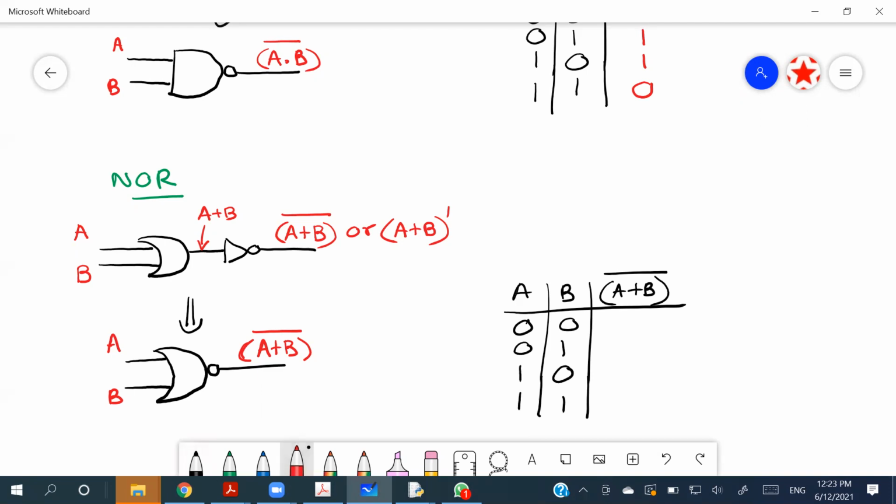So this means add up and invert. 0 plus 0 is 0. Once it is inverted, it is 1. 0 plus 1 is 1. Inverted gets 0. 1 plus 0 is 1. Inverted gets 0. 1 plus 1 is 1. Inverted, it will get a 0.